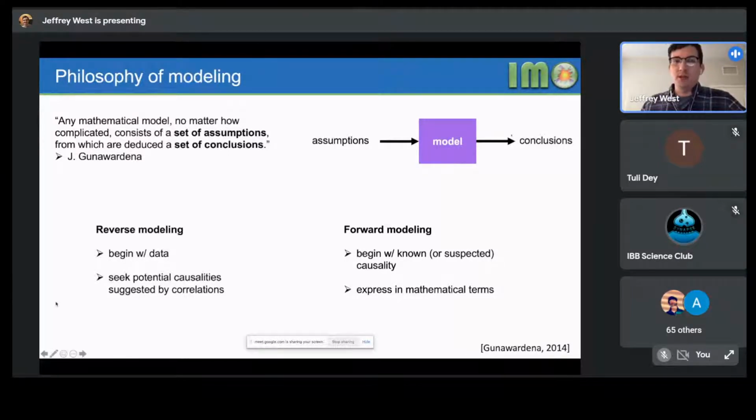So that model is basically a way of translating assumptions into conclusions. Now, if we build the model hand in hand with biologists and cancer clinicians, then we're building it with a set of assumptions that is our current thinking about biology.